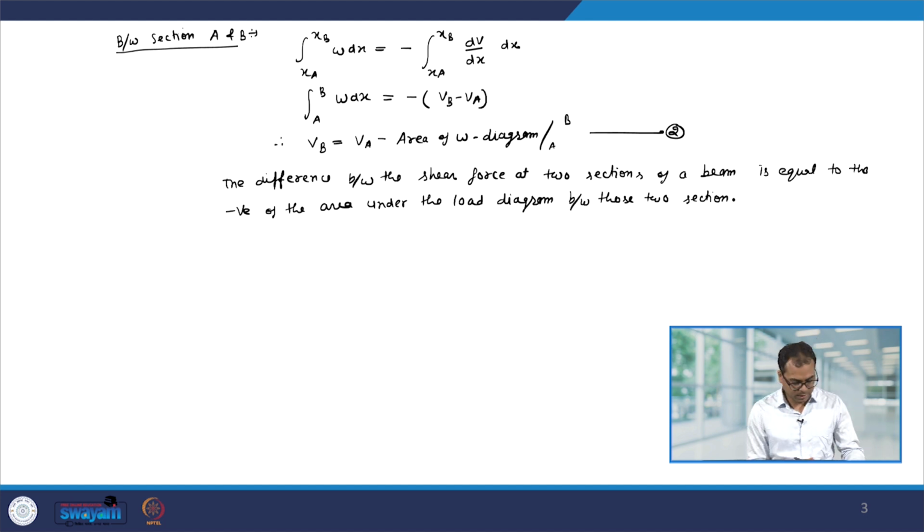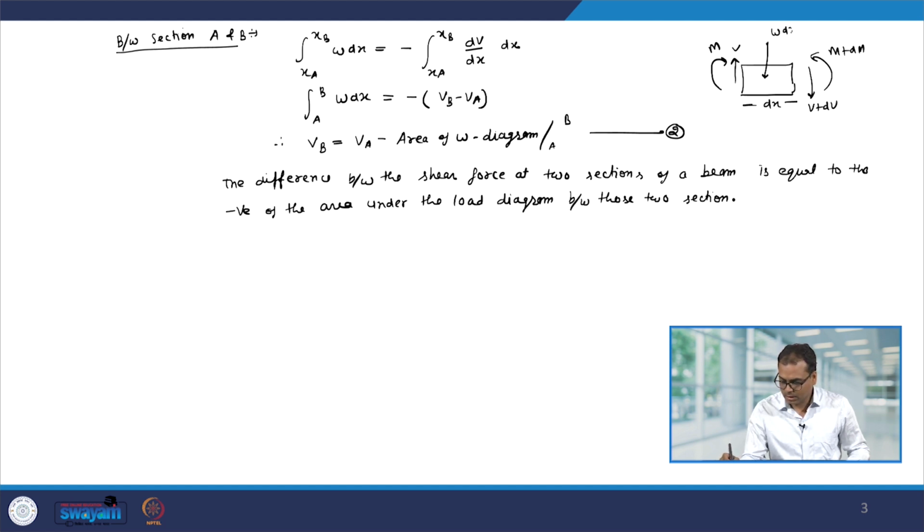Let me again make the diagram of that infinitesimal part. So, we had this as dx, we assume that in this direction V is acting, the bending moment is like that, in this direction we have V plus dV and the moment is M plus dM, this is W dx acting at a distance of dx by 2 from the right, and we said that let us take this point O for the analysis.